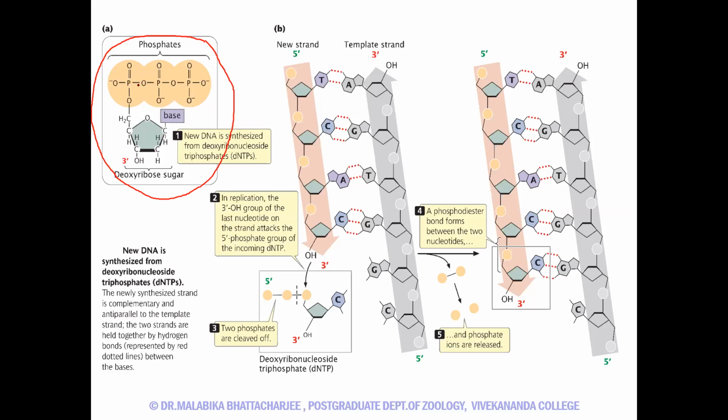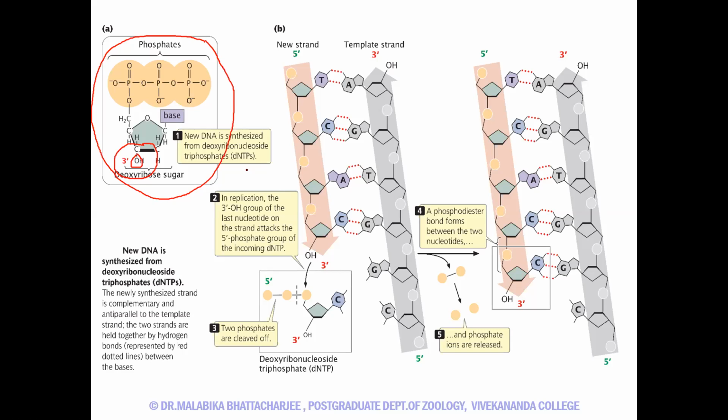Second thing, if you look into the structure of this particular molecule, the base can be anything. This 3', which is written in red, is very important. And there is an oxygen present at this 3' end, which is all the more important, because this oxygen is very essential for the polymerization reaction.